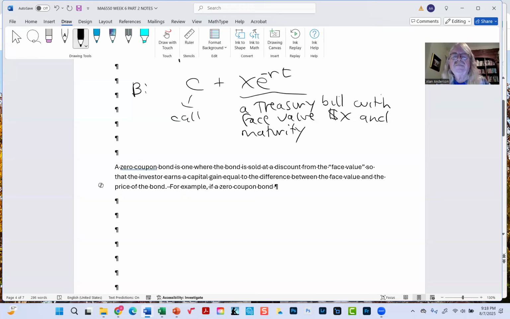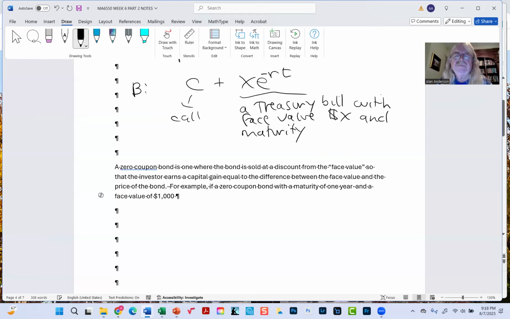So take a zero coupon bond with a maturity of 1 year, a face value of $1,000, and a market price. Let's just keep it simple.